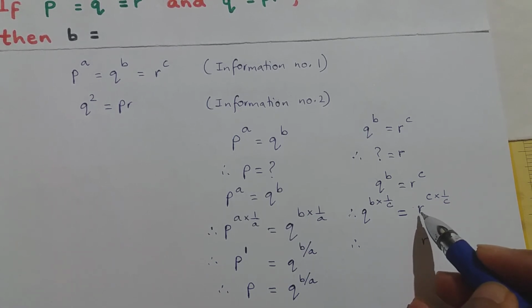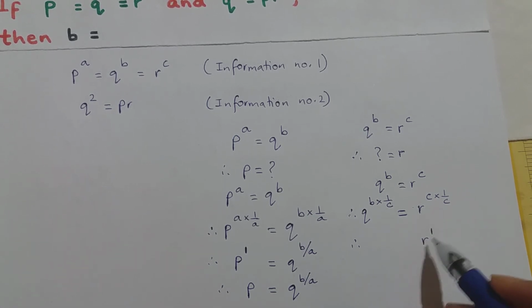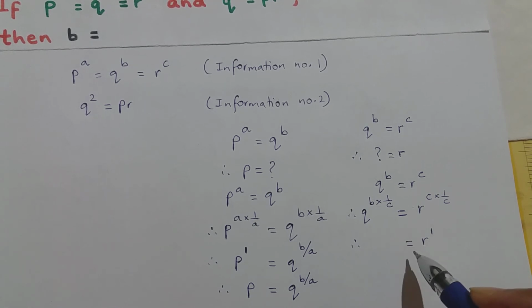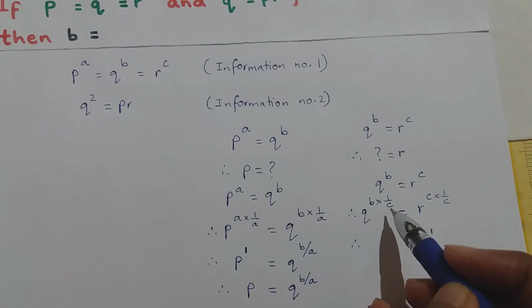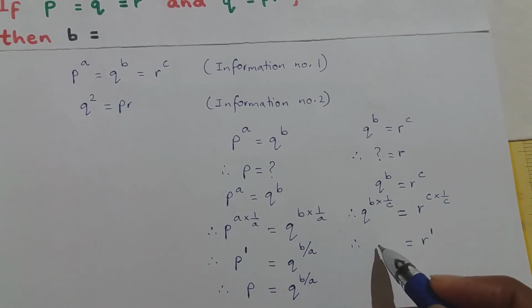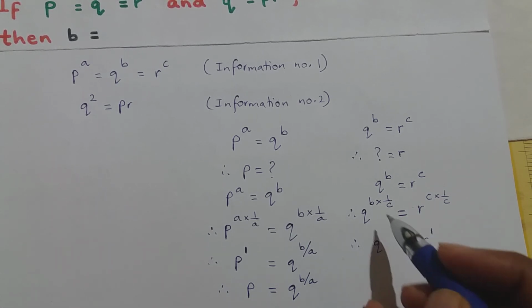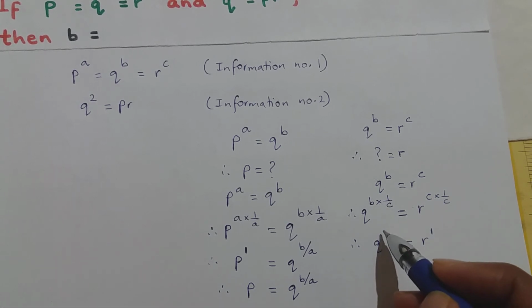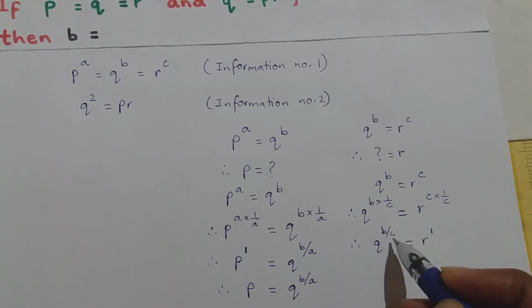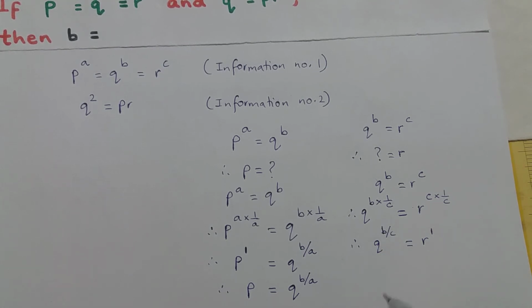So it becomes r to the power 1, that is equal to q to the power b into 1 by c. q to the power b into 1 by c is q to the power b by c. So q to the power b by c is equal to r to the power 1.